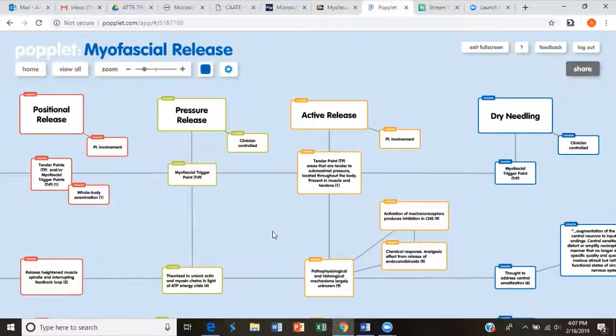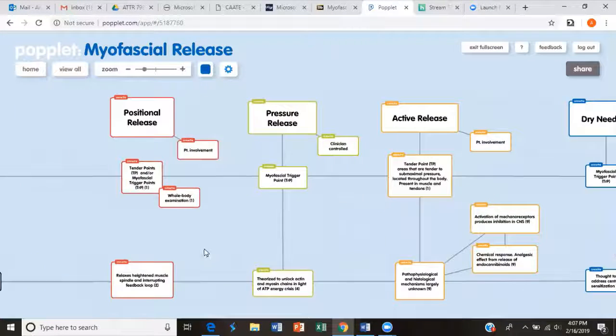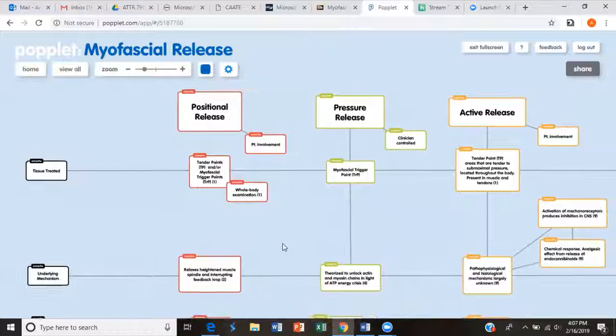In looking at positional release, we can presume that the patient will have a little bit more involvement, a little bit more voice. Same thing with active release. We want the patient giving the clinician feedback. Whereas with pressure release and dry needling, these are mostly clinician controlled and require very minimal patient involvement. So let's get started to break each one down.